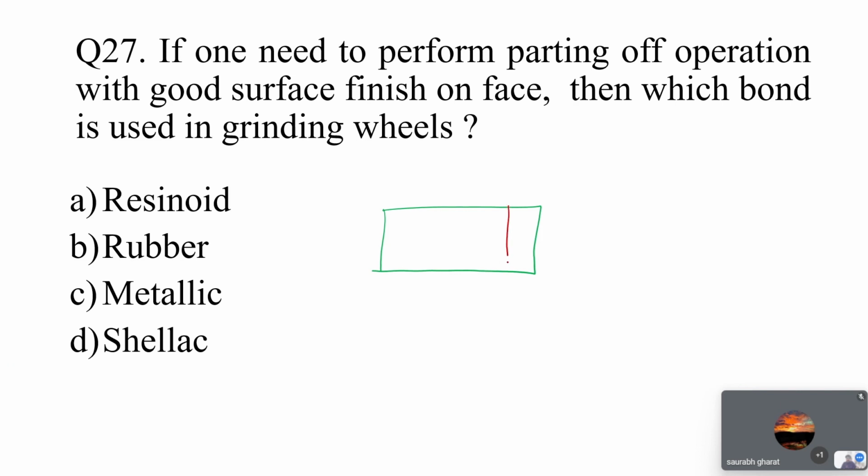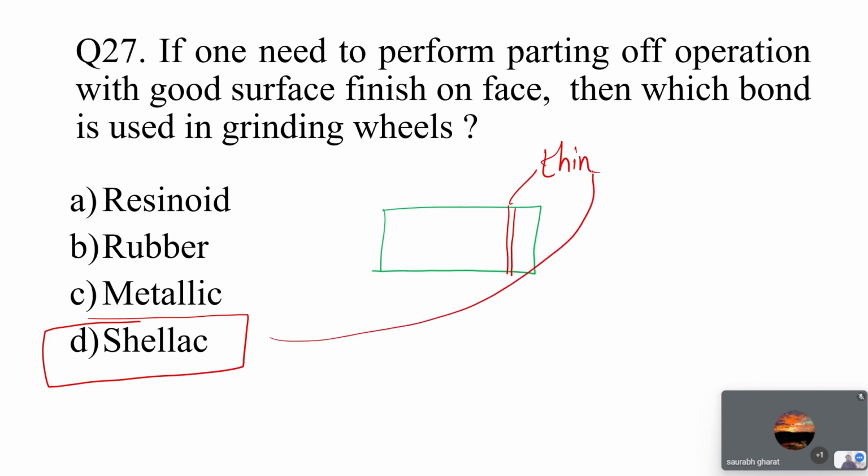What do you need here? A very thin surface. So which kind of bond will give you this kind of thin part? Only shellac bond. The shellac bond has the capability to give thin structures and also has some elasticity.